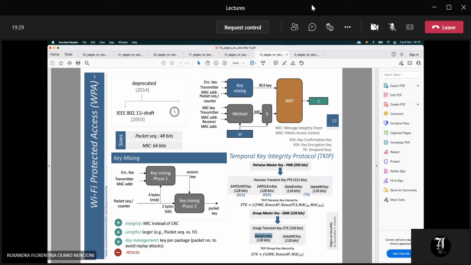Could it not also be the EAPOL encryption key? It can also be. If you were considering even this one, I would not have thought it's a wrong answer, because even these are used for encryption, and I didn't specify data encryption. So it was okay if you were saying that.